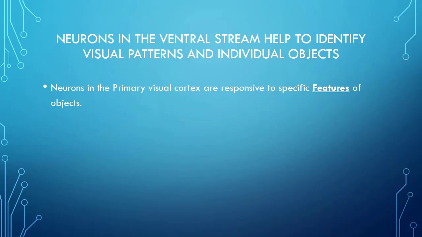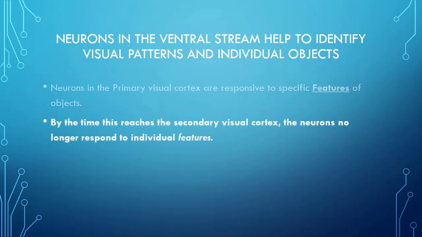Now, we talked a little bit about neurons in the ventral stream yesterday, and this is what we think of as the what stream. So we know that these primary visual cortex neurons are responsive to the features of different objects. And what we think happens is that this gets to the secondary visual cortex, and we start to combine these features together. So if you take information about color and about spatial frequency and you start to combine these together, then now you have information about a color and a pattern and how those are formed within the visual field.